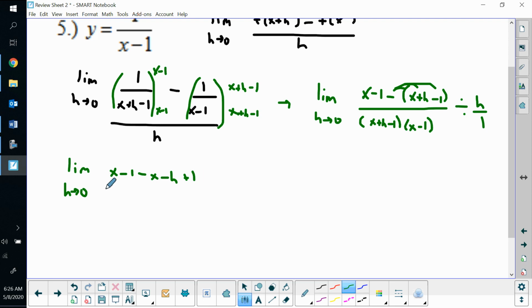Now when you do the h way, remember if you do it correctly, in the numerator, anything that does not have an h in it should divide out. And I'm going to switch this division to a keep change flip so it becomes multiplication. So it's a times 1 over h.